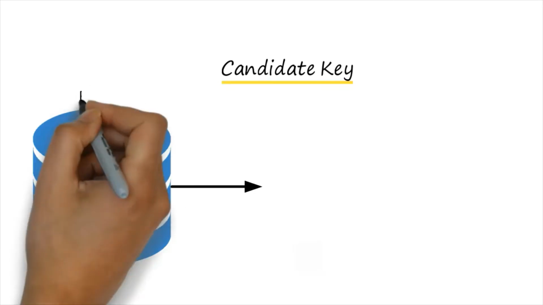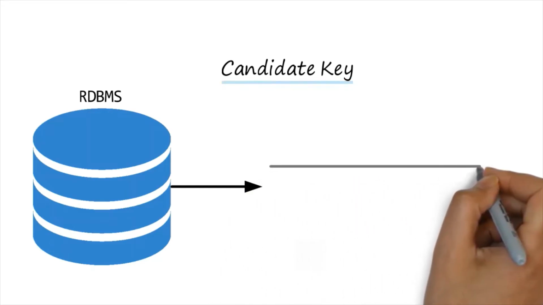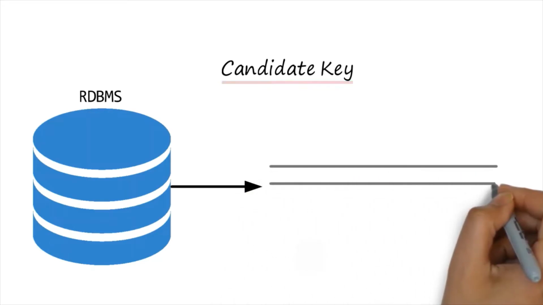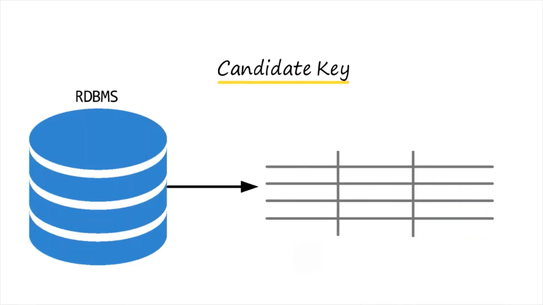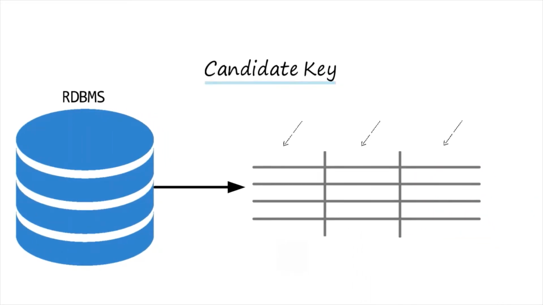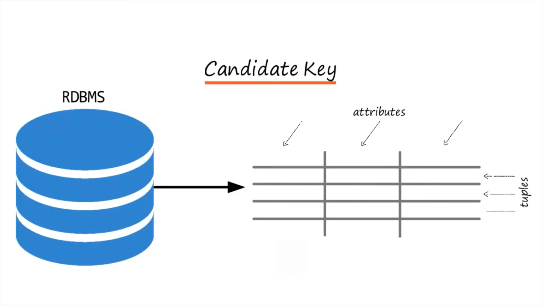Since we are using relational database management system, whatever information you have to keep, you keep it in a particular table where the columns are known as attributes and the rows are known as tuples. This is the very basic thing that you have to remember in each and every class. So now here what is our topic of discussion.